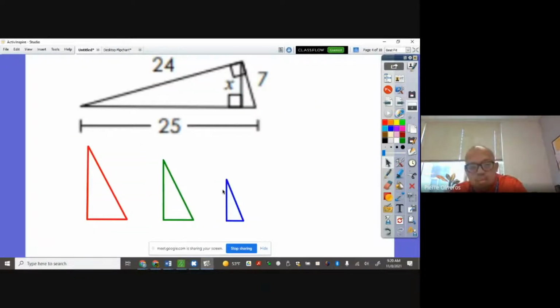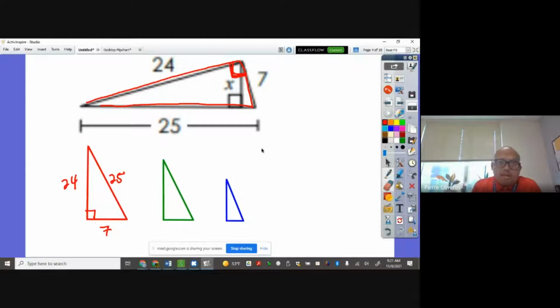Okay. All right, so we have here our red triangle, which is this portion here, which is the largest one. So I know that this is the 90. So if this is the 90, this is the 90 here. And I know that the 24 goes here. The 25 is the hypotenuse. And 7 is right at the bottom here, right? And then for the green one, I will pick the medium, second larger one, and I know this is 90.